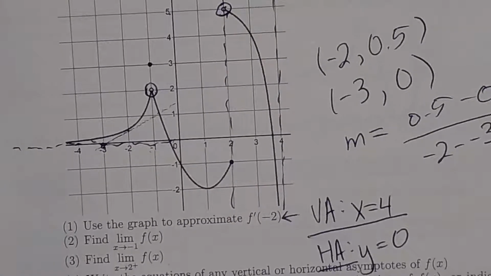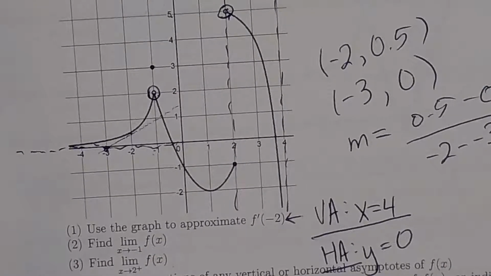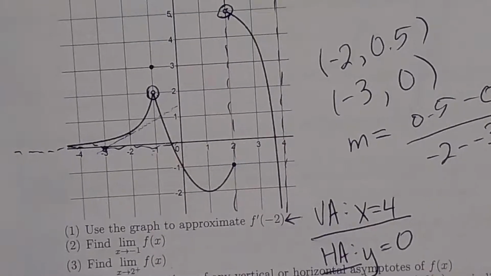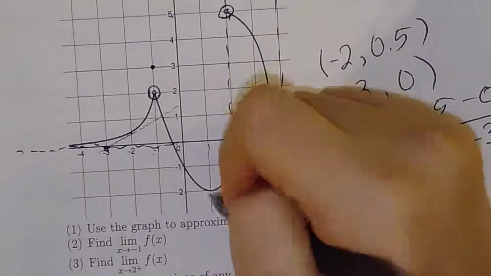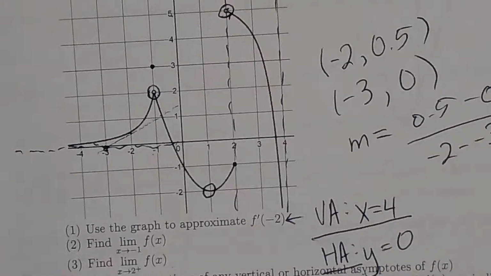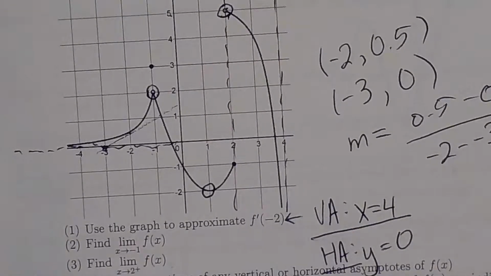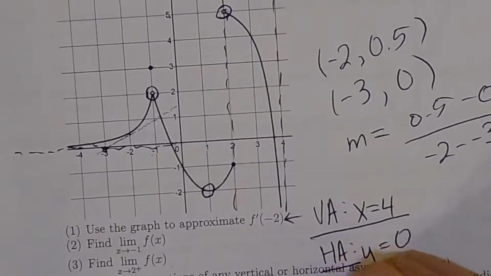Last piece of question 11 is to approximate the coordinates of a critical point. Remember, a critical point is a spot where there's a horizontal tangent line. In this graph, there is exactly one of those, which is namely that one. And so as a result, the only answer I could actually write for this one is 1, minus 2.